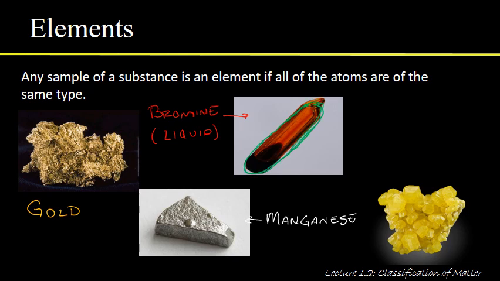And inside that is the bromine. And you can see down here at the bottom a pool of liquid in there. And some of it has evaporated. And so you can see some orange gas up at the top, which is the evaporated bromine.